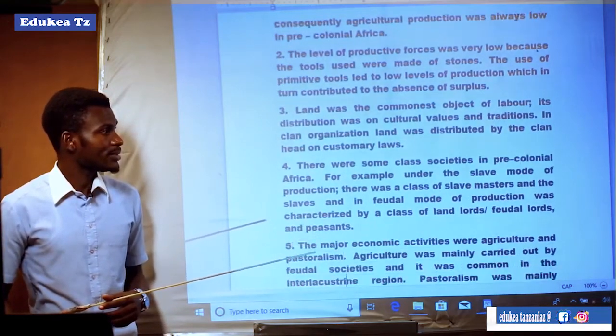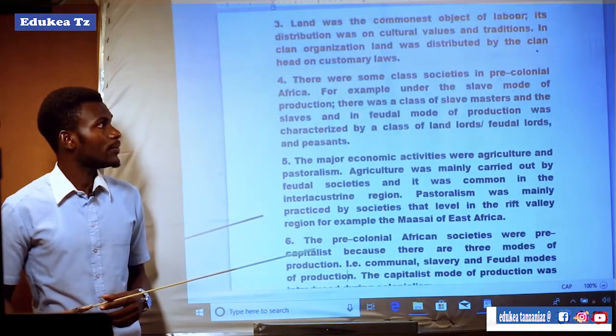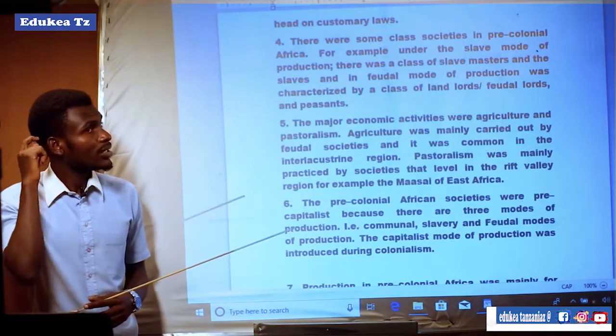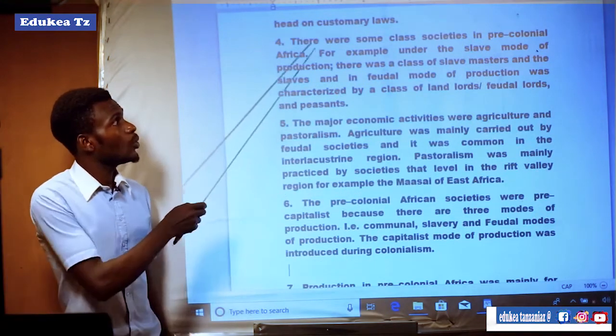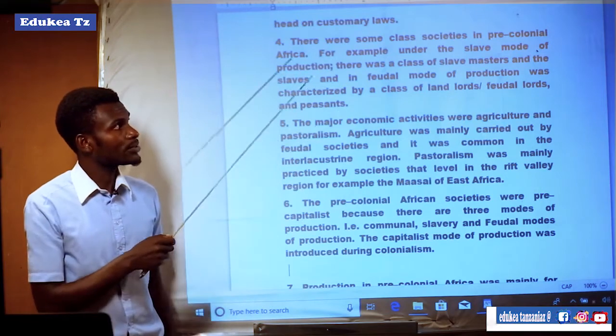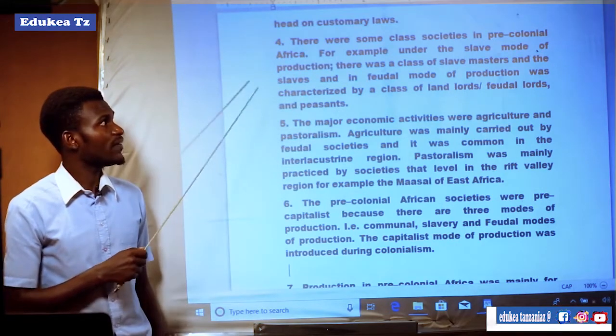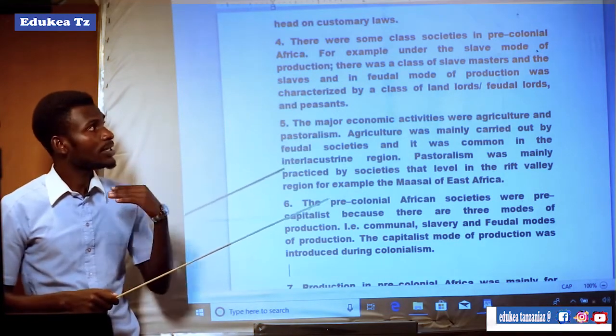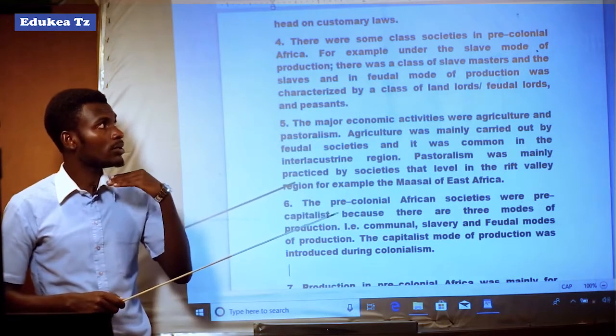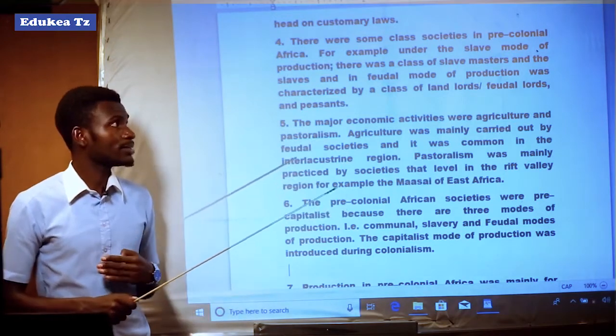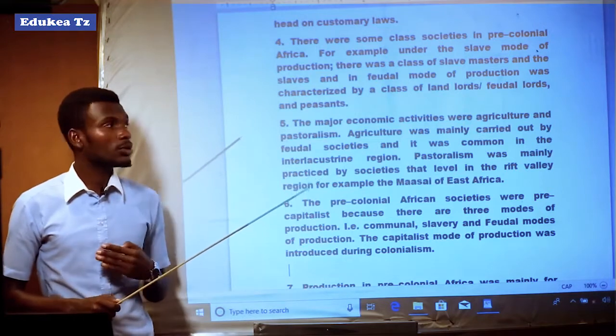Let us see another characteristic, which is that there were some class societies in pre-colonial Africa.